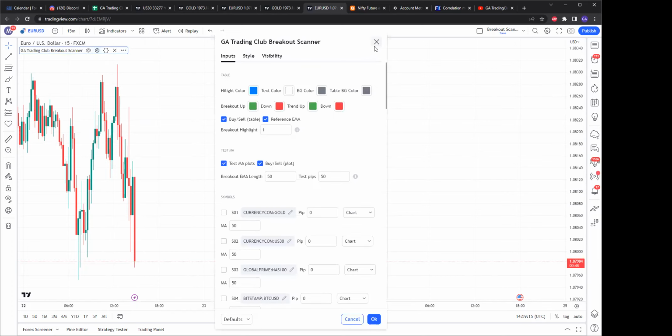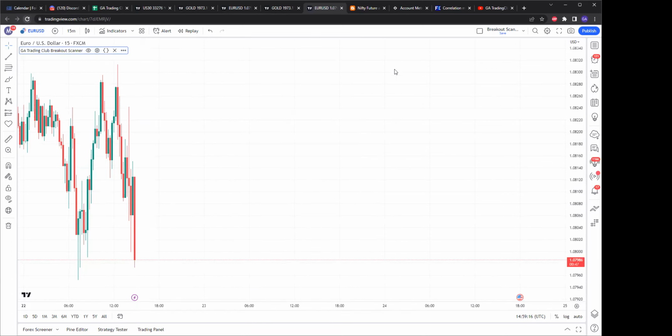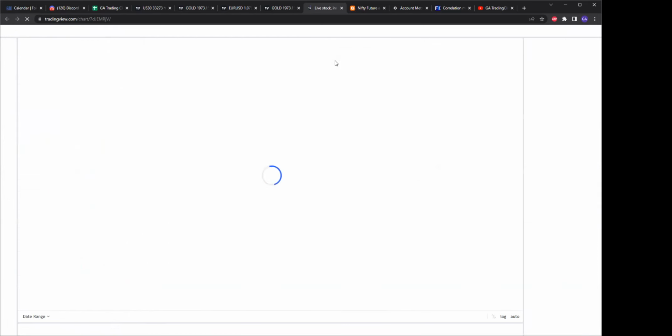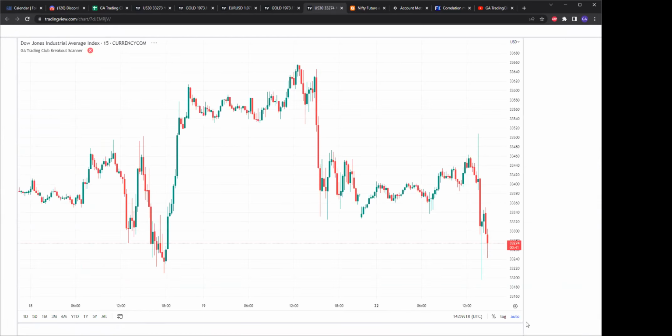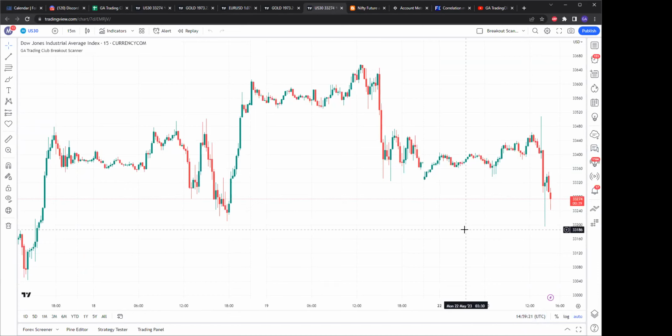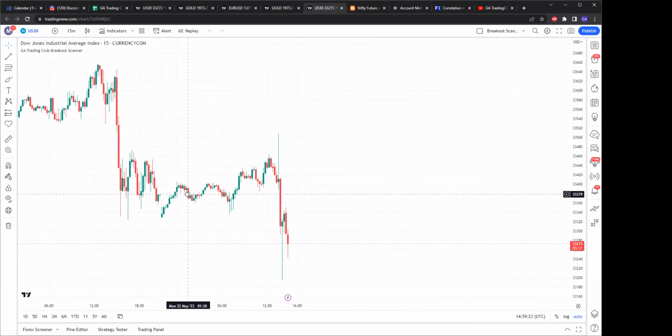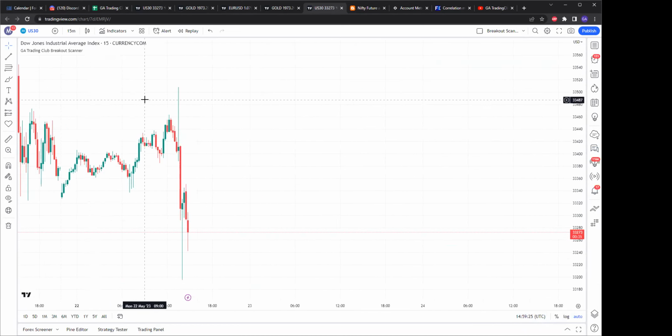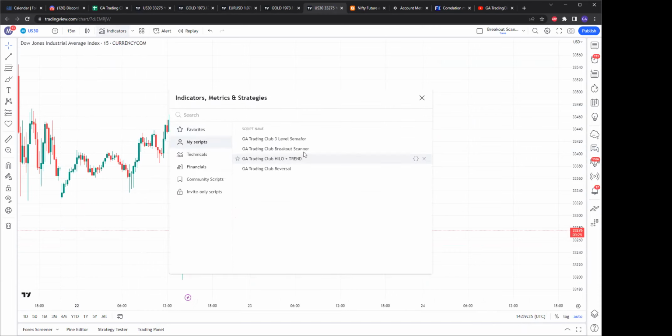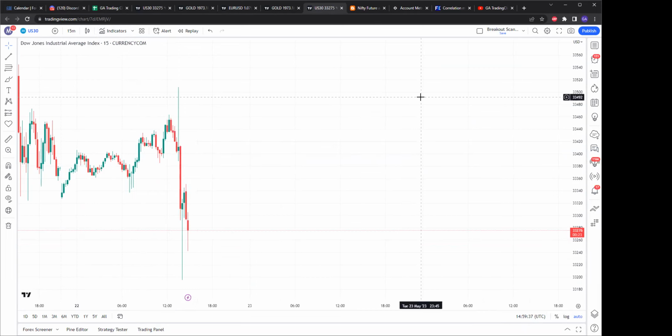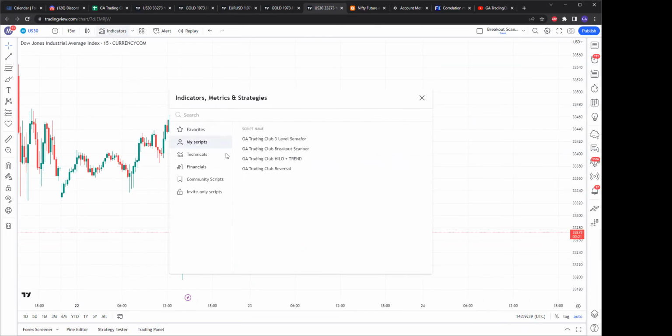Give me 1 second. See if we can reload this. Breakout scanner.